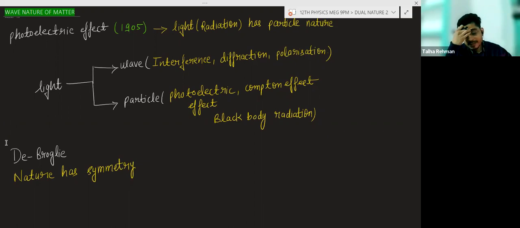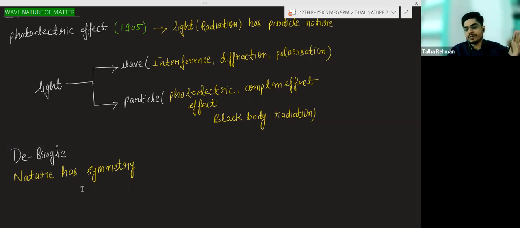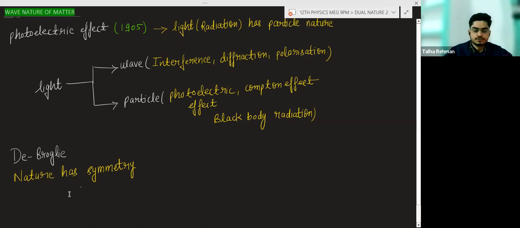De Broglie said that nature has symmetry. If nature has symmetry, meaning if light can be a particle, then matter can also be a wave. That is symmetry. So he gave his hypothesis that we will study.